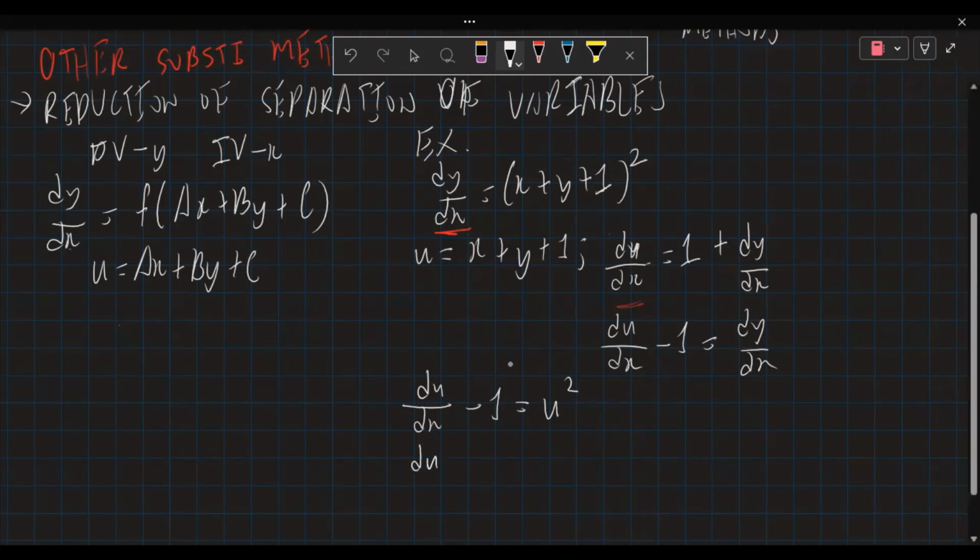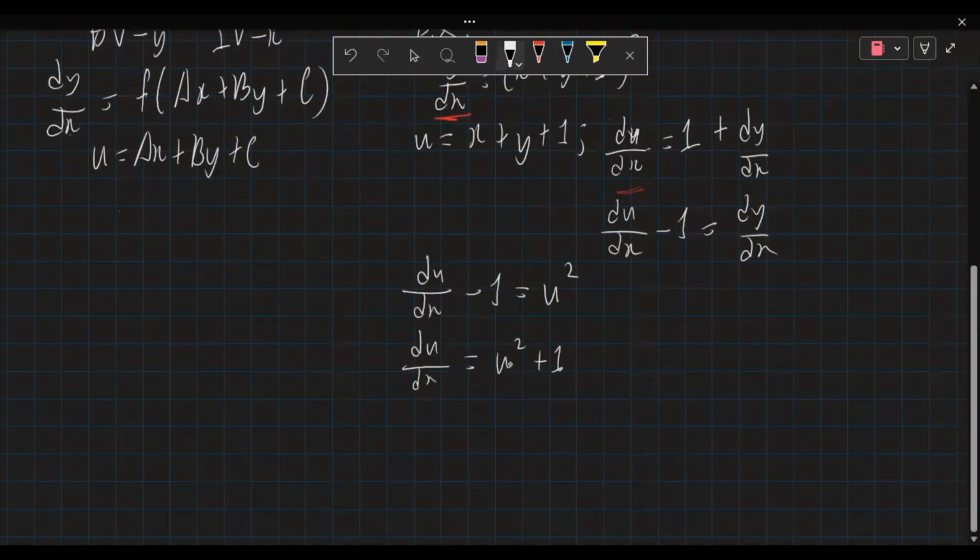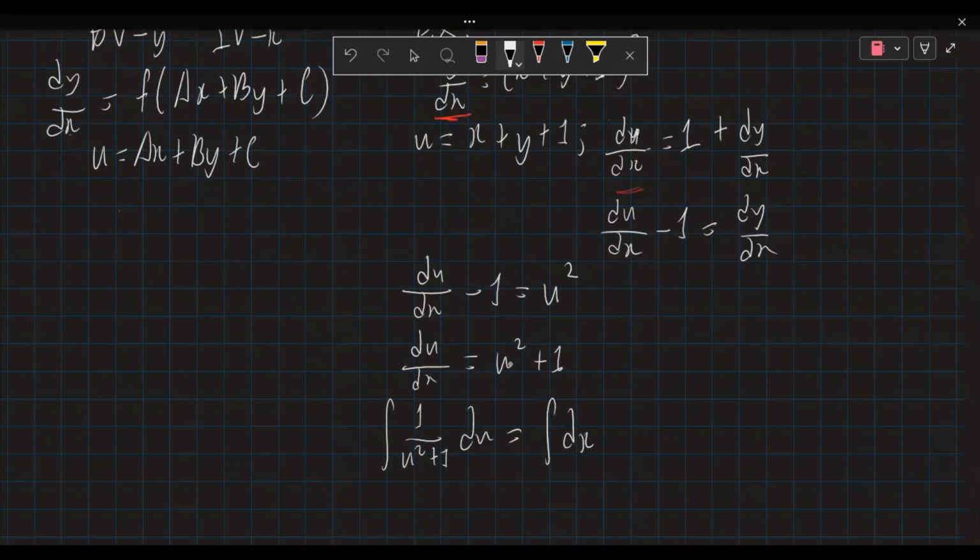Then we make it simpler by moving the 1 to the other side, and then we can do variable separable since the two variables are separated. So this becomes 1 over u squared plus 1 du equals integration dx.